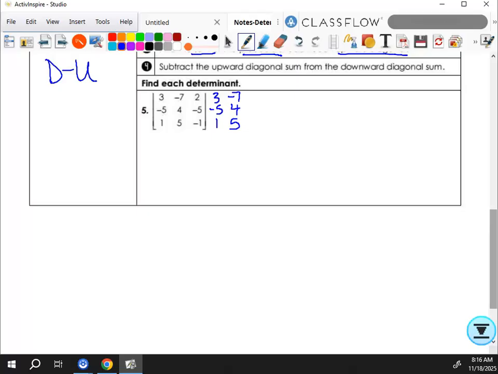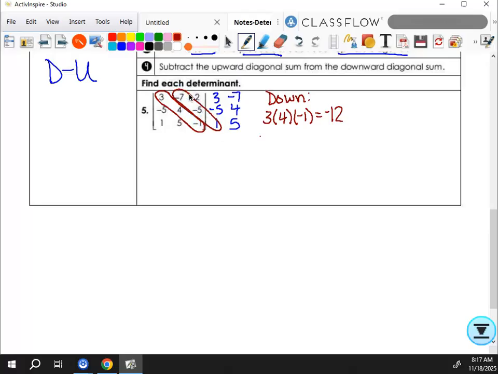And then we're going to start by looking at our downward diagonals. This is the first one right there. There's 3 in that diagonal. So I'm going to multiply 3 times 4 times a -1. That gives me -12. Then I do the next one.